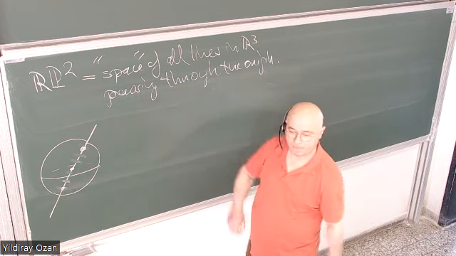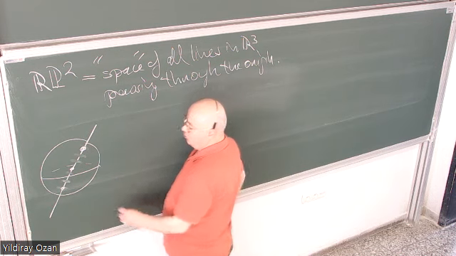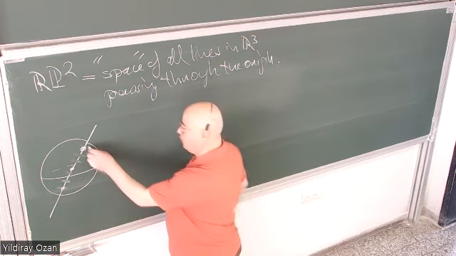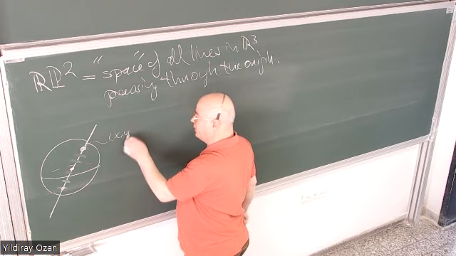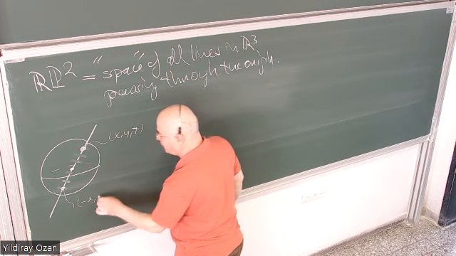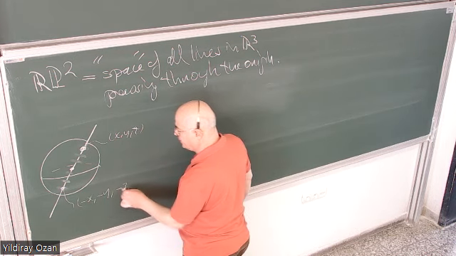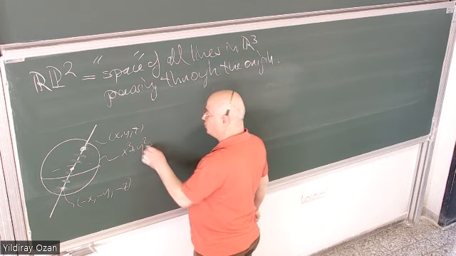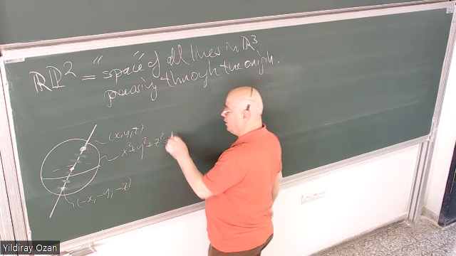And these points are antipodal points. So if one of them has coordinates x, y, z, the other one has coordinates minus x, minus y, minus z. This is the sphere x squared plus y squared plus z squared equals 1.